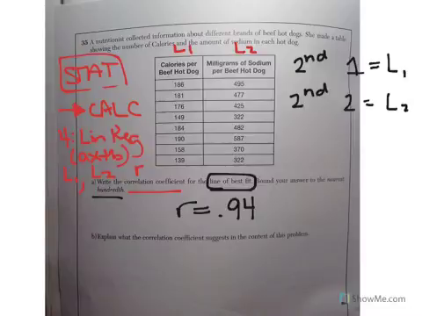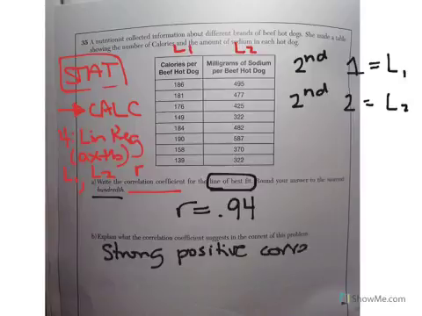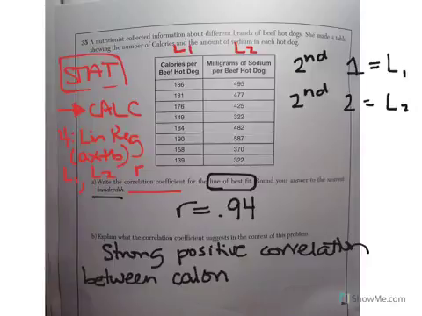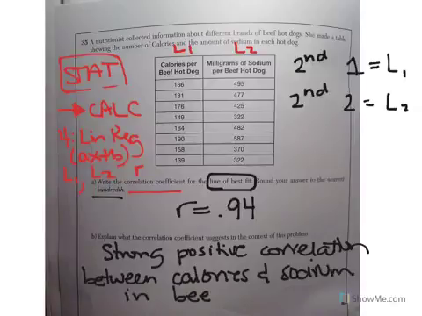So, what you would say in part B is that there is a strong positive correlation between, now we're going to be specific, between calories and sodium in beef hot dogs.